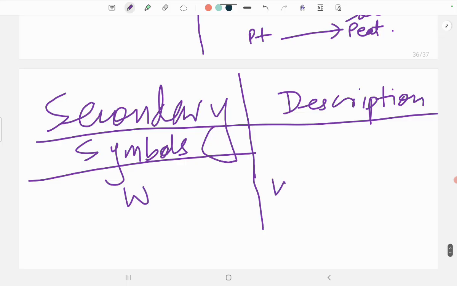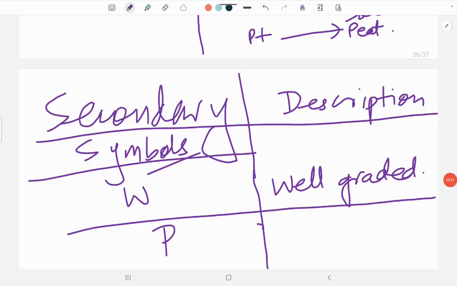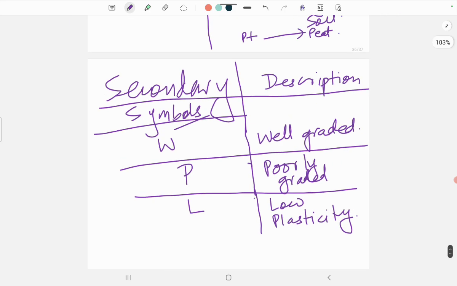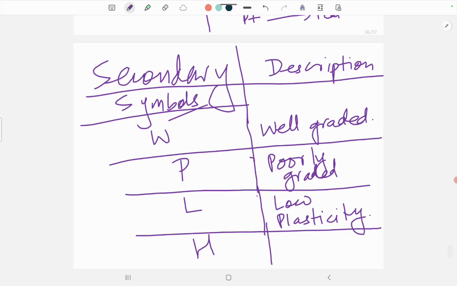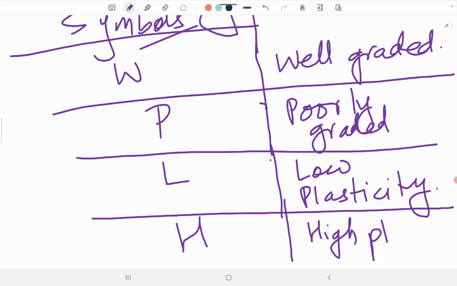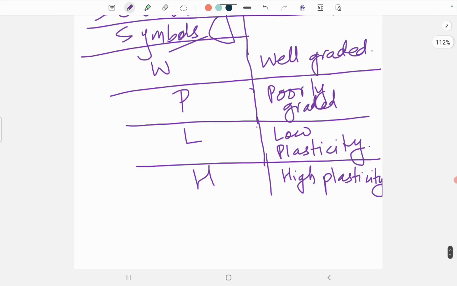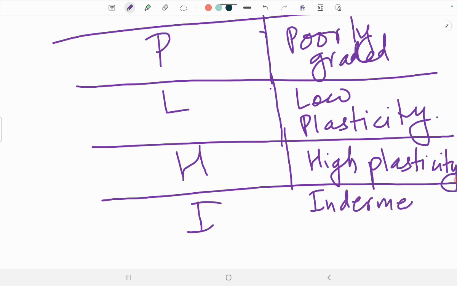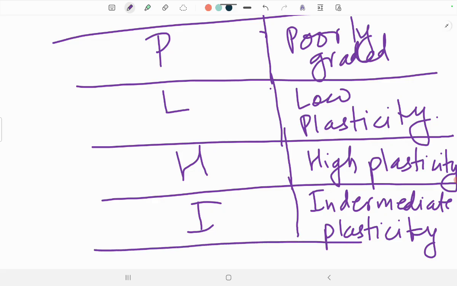First, W means well graded, and P means poorly graded, and then L means low plasticity, H means high plasticity, and I means intermediate plasticity. So these are the secondary symbols.